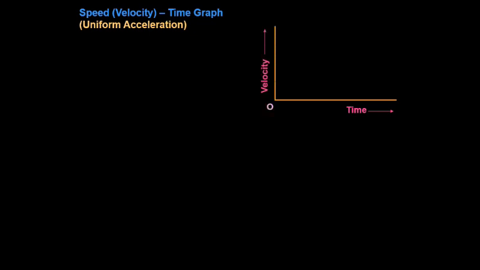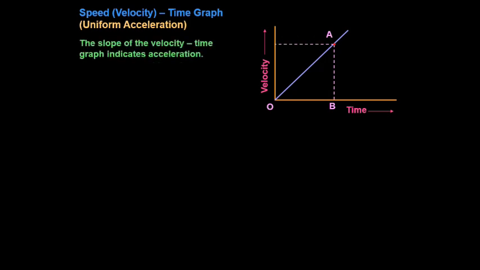Velocity versus time graph, uniform acceleration. The velocity time graph is always a better option to study the motion. I can draw the graph, and the acceleration you can find out by taking the slope. What is slope?